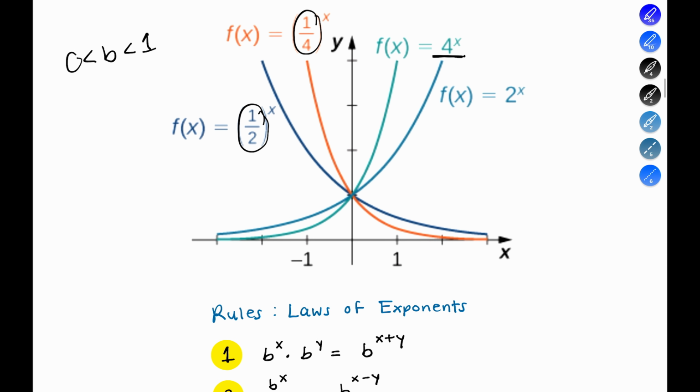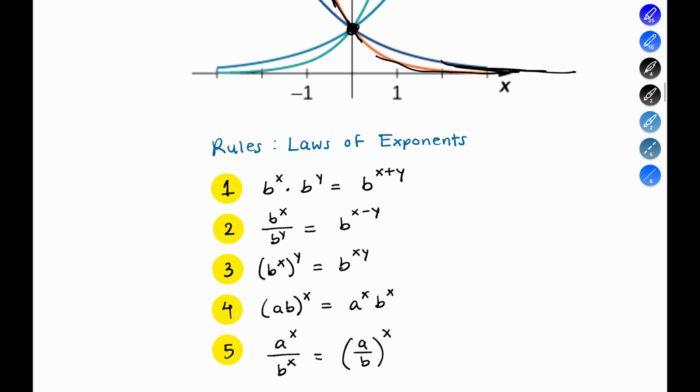So it goes from being very steep to approaching 0. So this one was for b equal to 1/2, and this one is for b equal to 1/4. It's much steeper initially, and then it goes down back to 0. And what all of these have in common is that they intersect the point (0, 1).